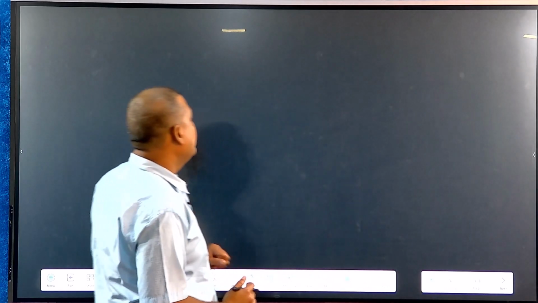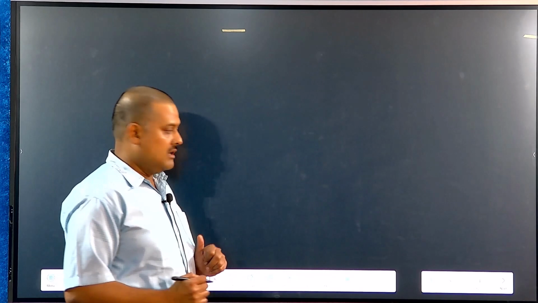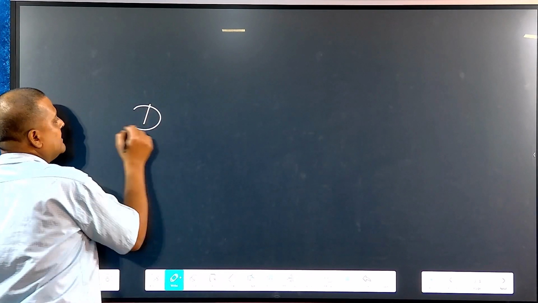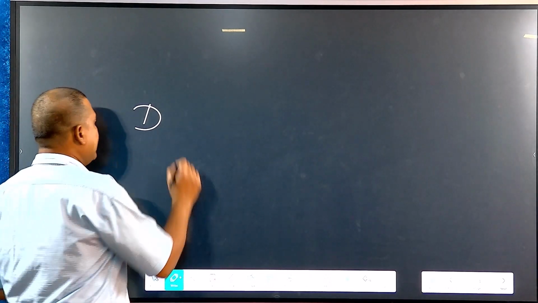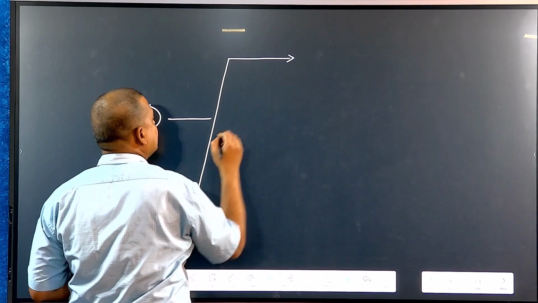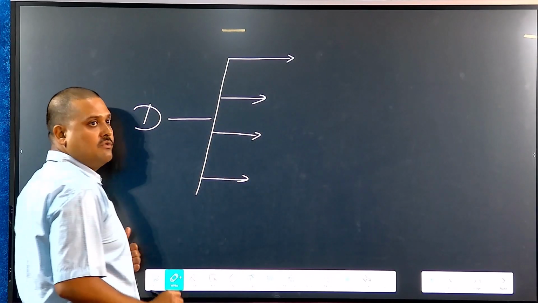Say, for example, in our system, if you observe that there is a drive, that is D drive. In that particular drive we have some folders, you can think about it this way.